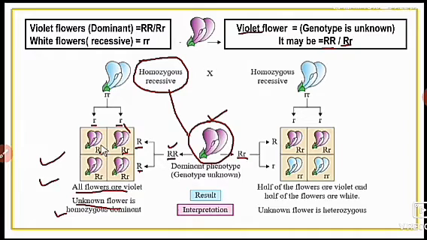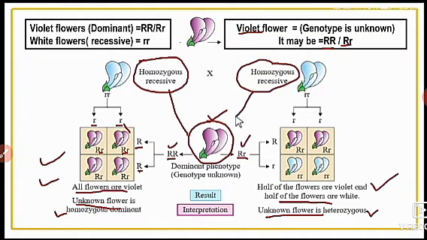This is the use of the test cross. And if we cross the homozygous recessive with the purple flower phenotype, we will see what flowers are produced. If the genotype is capital R small r, and the homozygous recessive parent is crossed with this phenotype, then we will get offspring like capital R small r and small rr in the ratio of 1:1. 50% are purple flowers and 50% are white flowers.